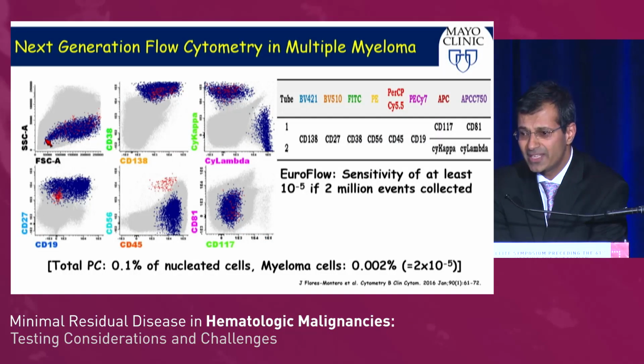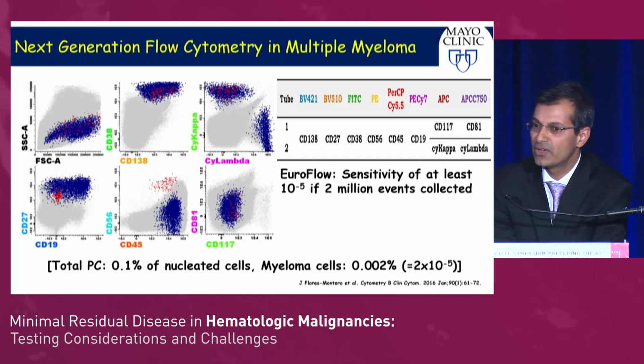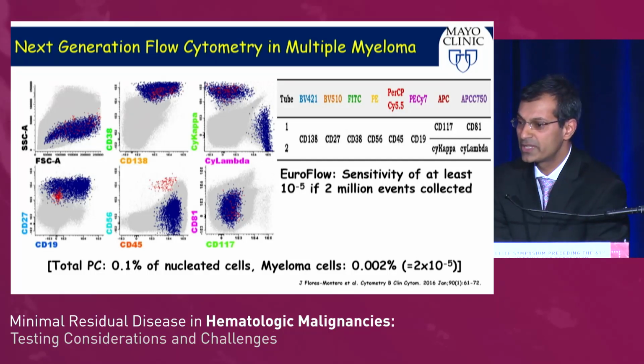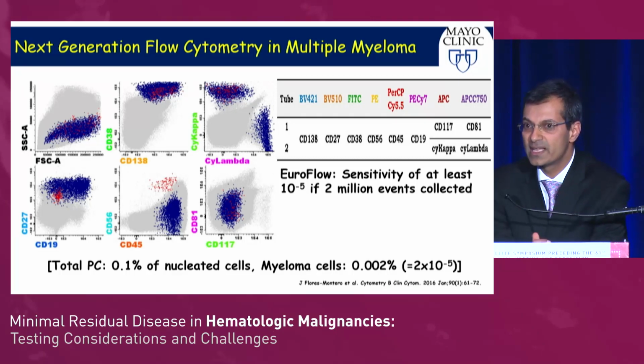When it comes to next-generation flow cytometry, particularly in multiple myeloma, these days it's standardized by the EuroFlow, which has a sensitivity of at least 1 in 100,000, or 10 to the minus 5, if at least 2 million cells or events are acquired.